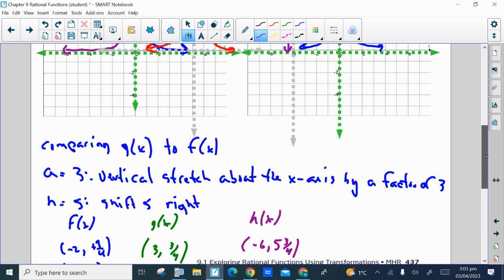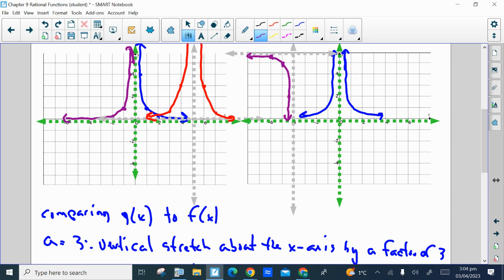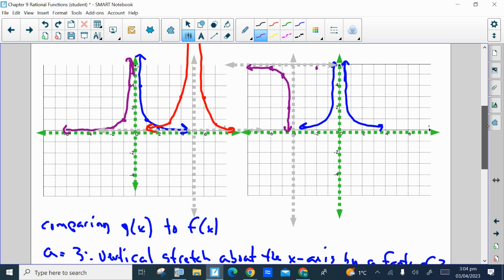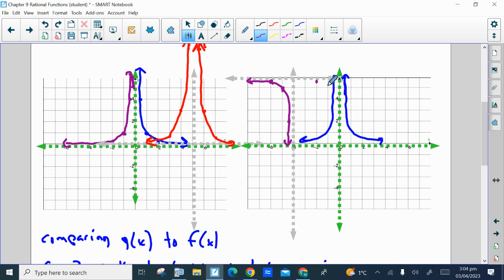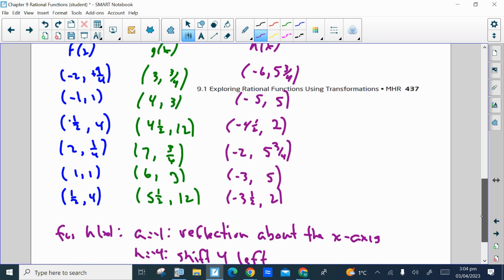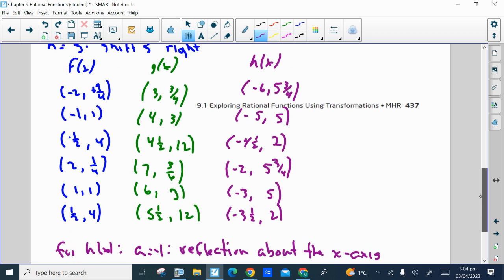I've got -2, comma 5 3/4. I've got -3, comma 5. And -3.5, comma 2.